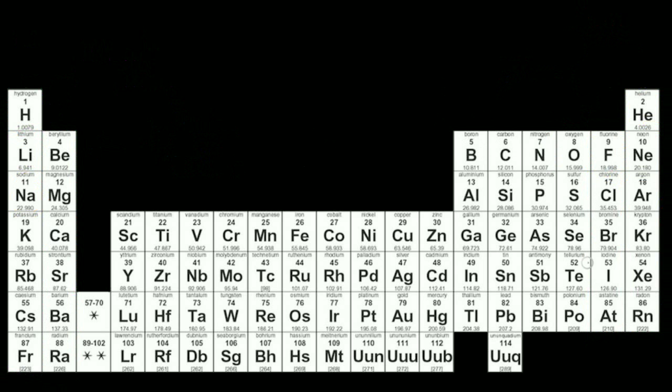So the first thing to talk about is essentially what we have on the periodic table. And we'll talk about this in more detail in the future. I know I've been saying that a lot, but we will. But anyway, essentially what you have on the periodic table is everything over here, and I know that's the technical term, everything over here.